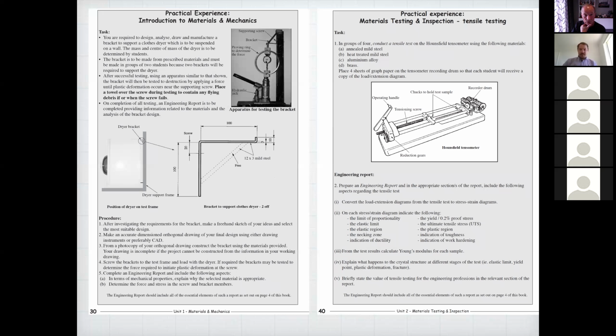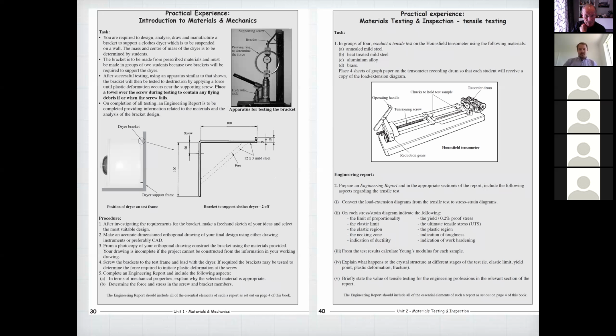And they record the force that it took at plastic deformation, and they had to just briefly write an observation of what was wrong with their strut that they designed. Really important practical exercise showing how forces react.